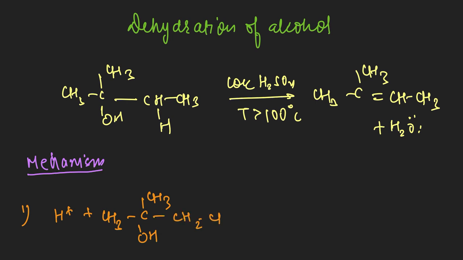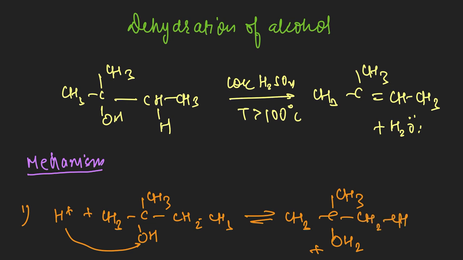First, H plus will attack on the OH. Acid-base reaction will happen. CH3C, CH3OH2 plus will form, and CH2 CH3. This particular compound is known as oxonium ion. So first of all, this acid-base reaction, which is reversible, forms this.